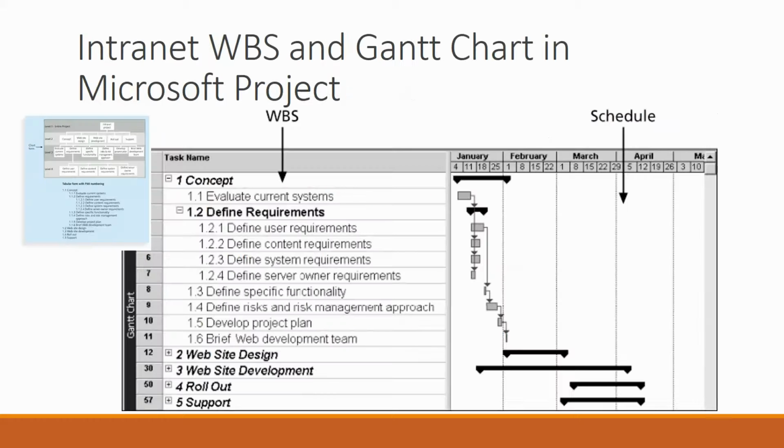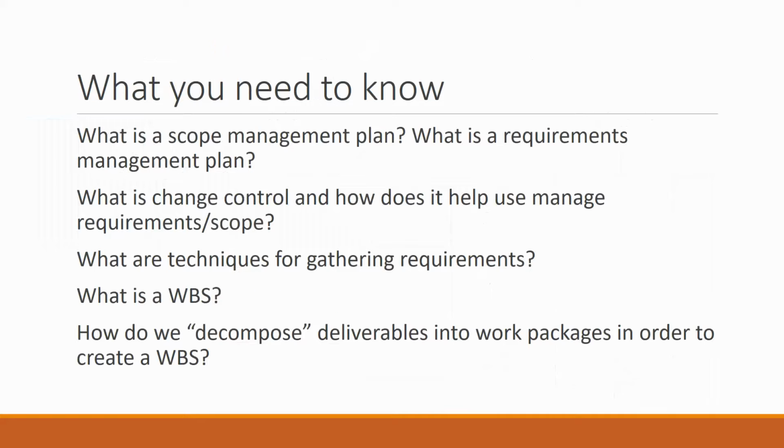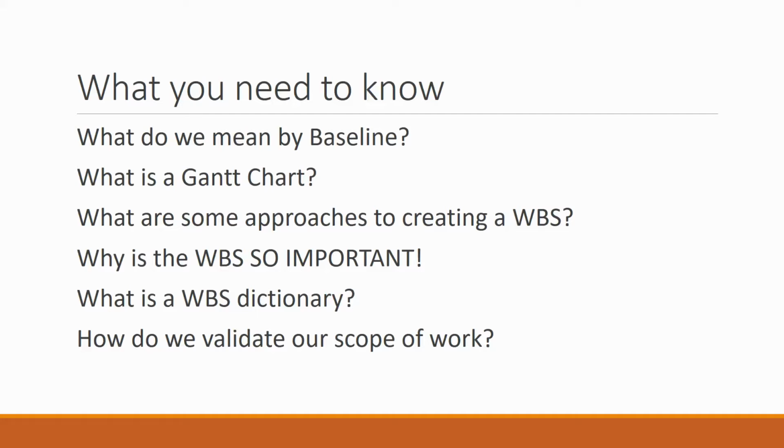Typically in a work breakdown structure, notice where you see 1.2.1 where it says define user requirements, define content requirements. Well, those three simple words may or may not give you a good solid picture of what exactly will be done as a result of that task. Okay, so a work breakdown structure dictionary helps to take that task and give more context to it so that we understand it better.